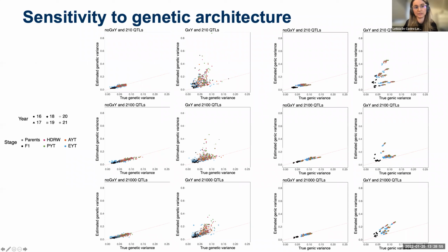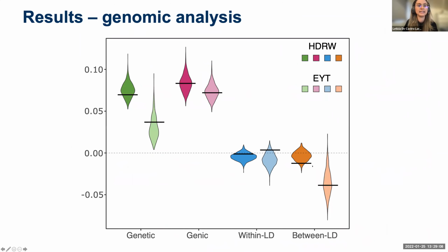Initially, I was not expecting some bias when accounting for genotype by year and genotype by environment interaction. But the main surprise for me was seeing that this between linkage disequilibrium is a very important factor to change genetic variance, because we assumed that the linkage disequilibrium within a chromosome would be higher because it's linked with the QTLs.